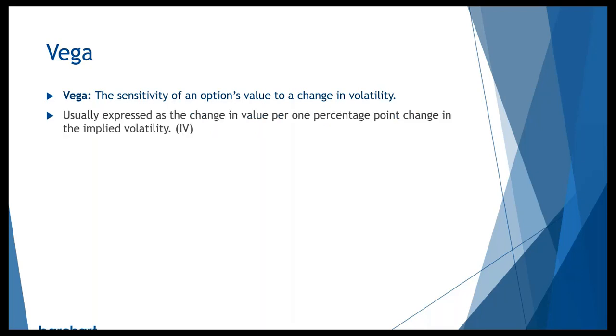Vega. What is Vega? Well, Vega is the sensitivity of our option's value to changes in volatility. As volatility increases or decreases, that Vega change is going to affect the price of our options. Again, this is usually expressed based on a 1% point change in implied volatility.